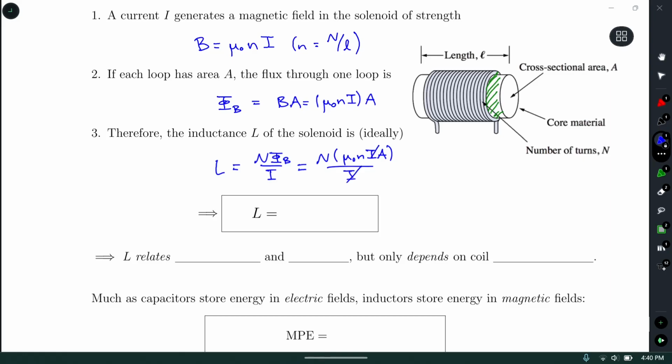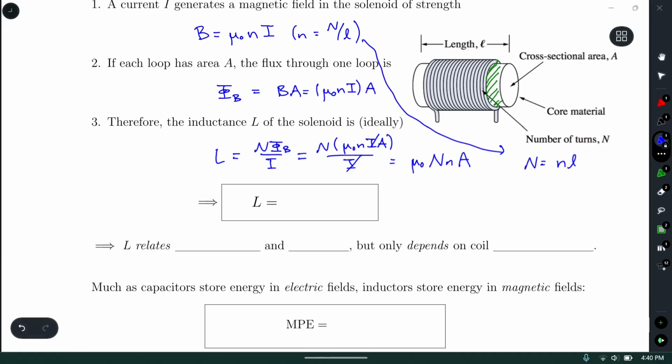We see that current cancels, and we are just left with mu naught big N little n A. Having both big and little n is a little bit weird, so we're going to replace the big N, the number of loops, with the loop density, how tightly packed they are, lowercase n, times the length of the solenoid. And I'm getting that from just rearranging from up here.